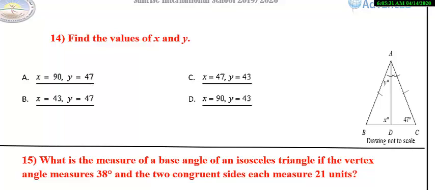If we look at the given information that AD bisects the vertex angle of the isosceles triangle, it will be perpendicular to the base. And this is the conclusion we need to use right now.